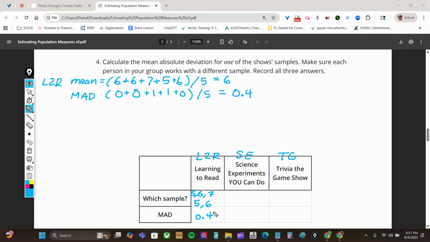Okay. And that gives us a better understanding of how spread the data is. Right. Yeah, let you know how spread out the data is.